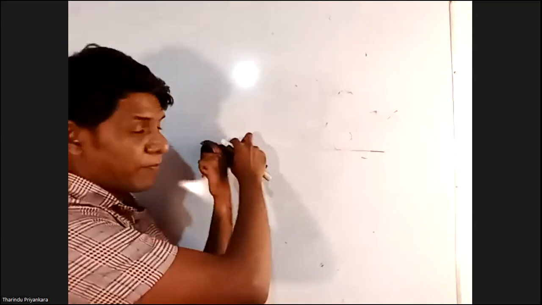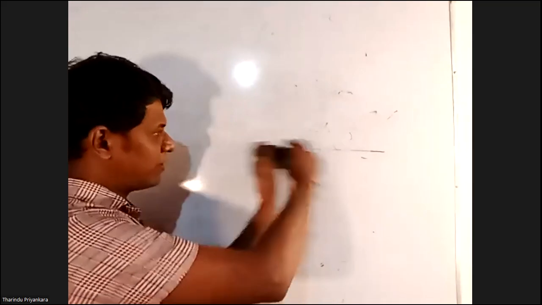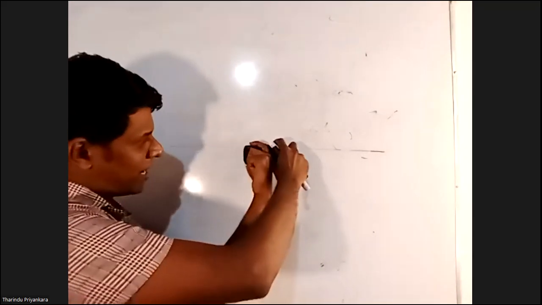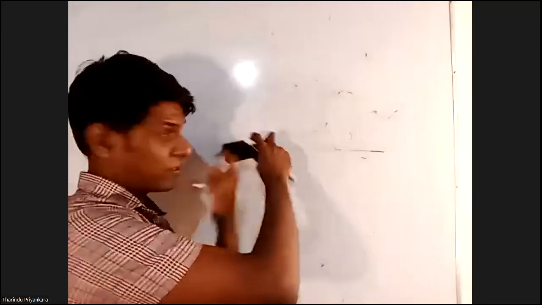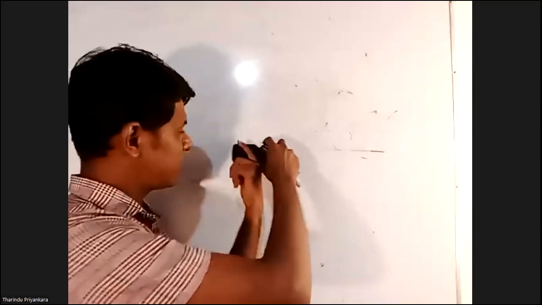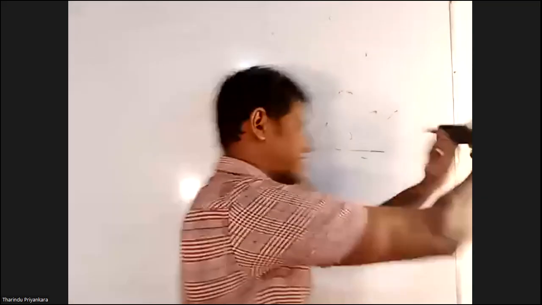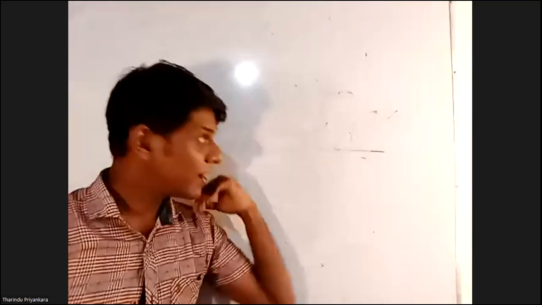But imagine my left hand only puts 20 Newton, and my right hand puts 30 Newton. It will get accelerated, right? This acceleration is governed by Newton's second law of motion.